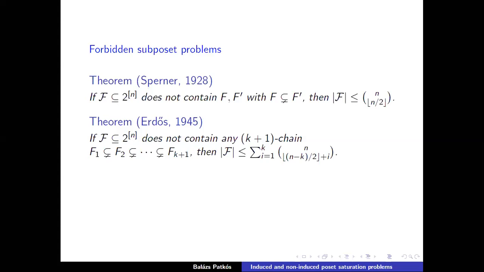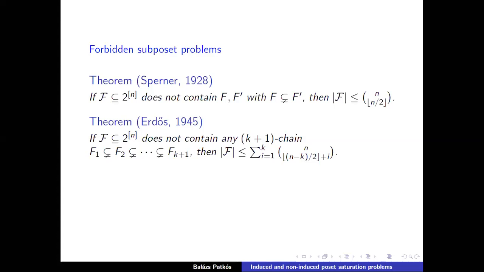The theorem of Sperner from 1928 says that if we try to gather as many subsets of an n-element ground set as possible without having one containing the other, then the best one can do is n choose n half, and this is sharp, shown by the family where we gather all the subsets of size n half.